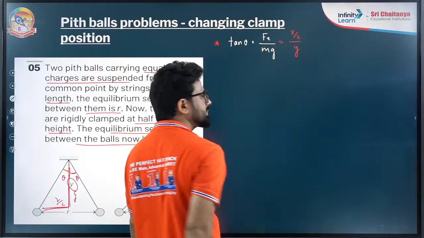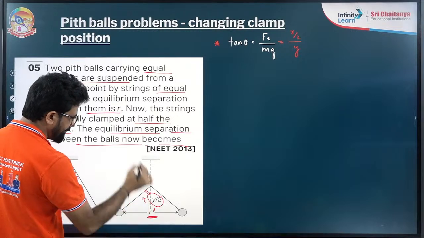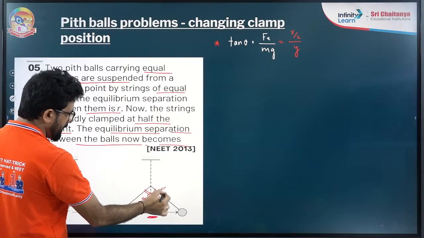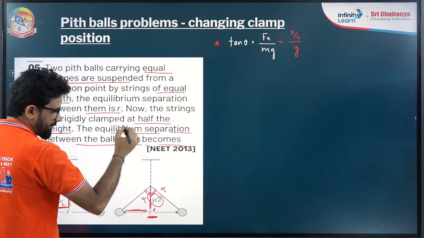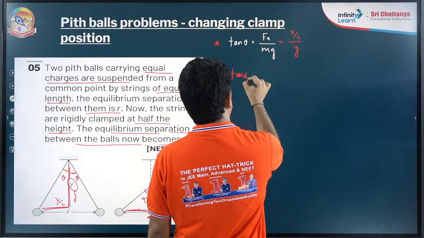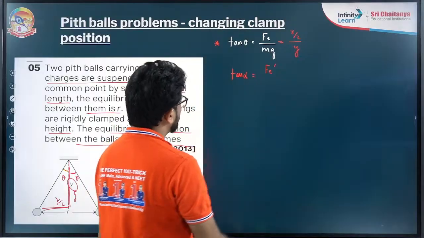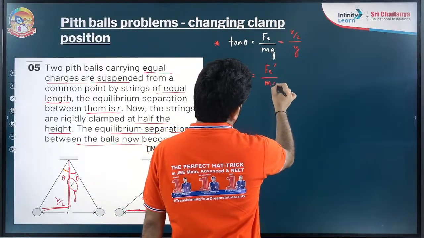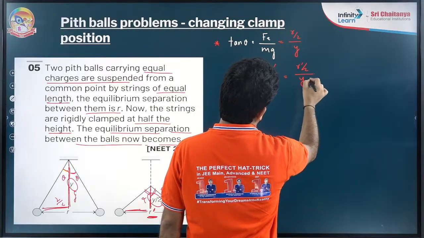Similarly, in the second case, assume this angle is alpha, and this angle would also be alpha. So tan alpha is equal to Fe prime, because the separation has changed, divided by mg, and that is equal to r prime by 2 divided by y by 2.